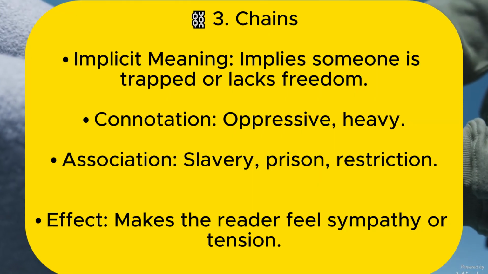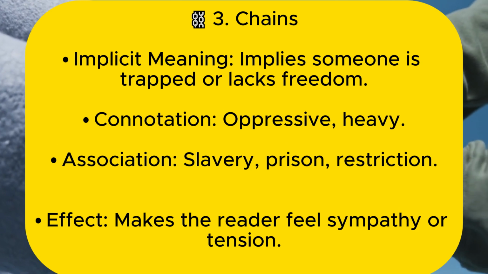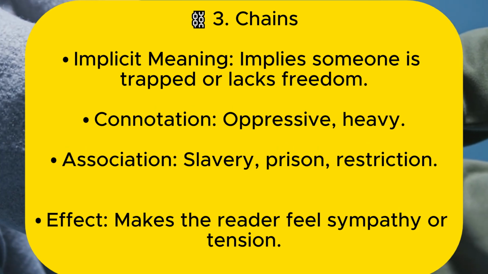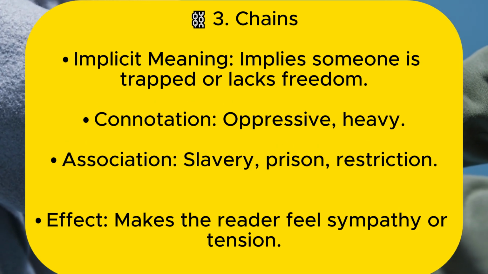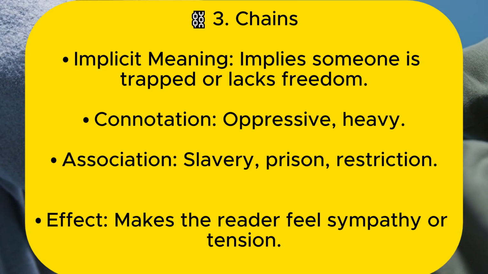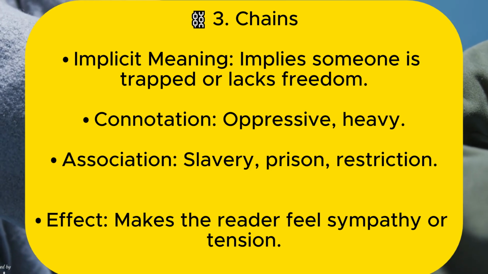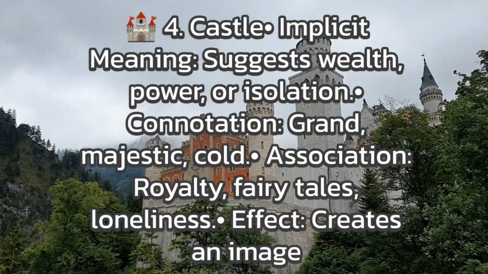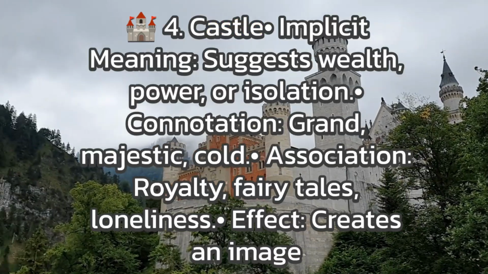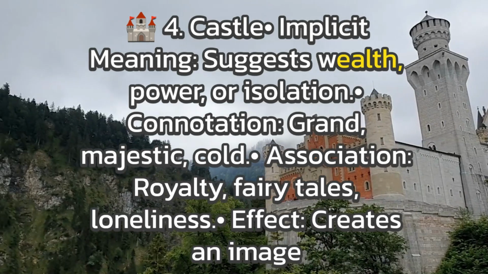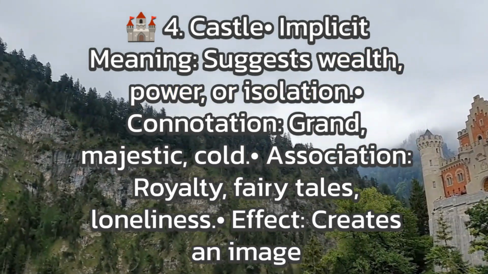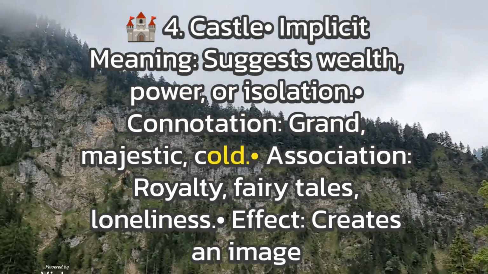3. Chains. Implicit meaning: implies someone is trapped or lacks freedom. Connotation: oppressive, heavy. Association: slavery, prison, restriction. Effect: makes the reader feel sympathy or tension. 4. Castle. Implicit meaning: suggests wealth, power, or isolation. Connotation: grand, majestic, cold.